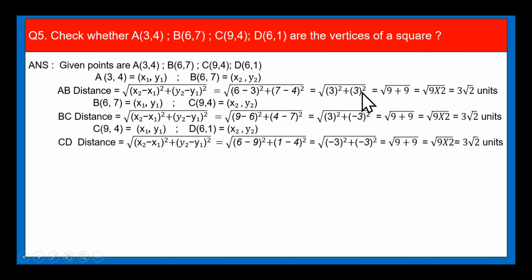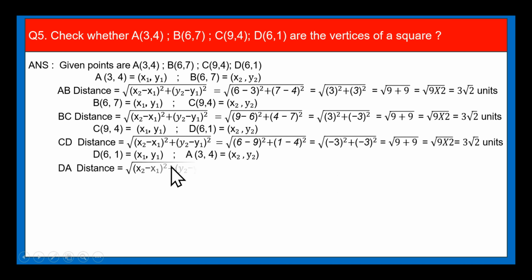You see, so far we found that the 3 sides of this quadrilateral are equal. Let us check the fourth side now. Fourth side, the coordinates of D (6, 1) as x1, y1, and the coordinates of A (3, 4) as x2, y2.